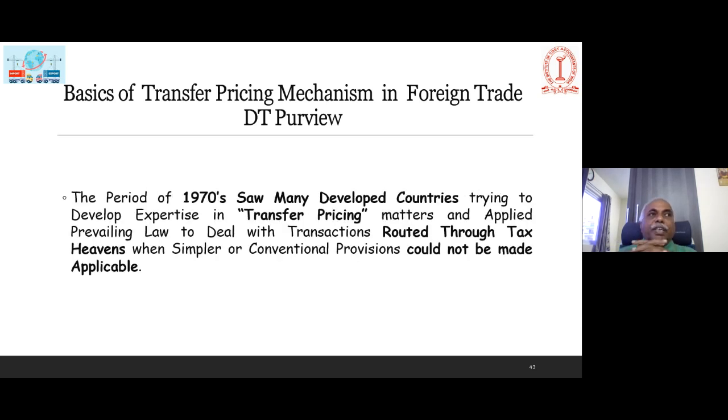The period of the 1970s saw many developed countries trying to develop expertise in transfer pricing, as the prevailing law was inadequate to deal with transactions routed through tax havens. Tax havens means low tax regimes. That's why it is a haven: the tax is very low.